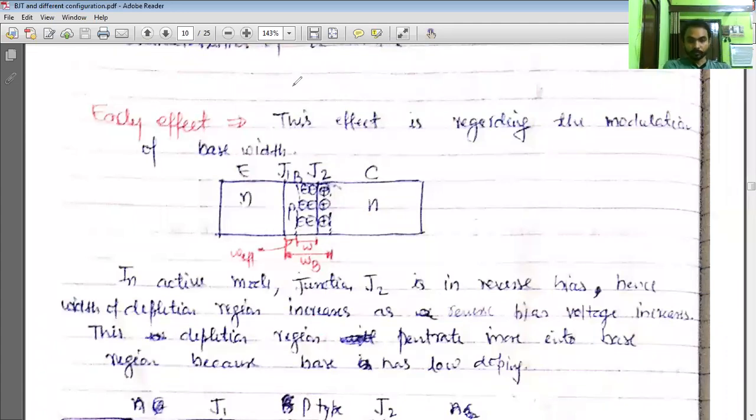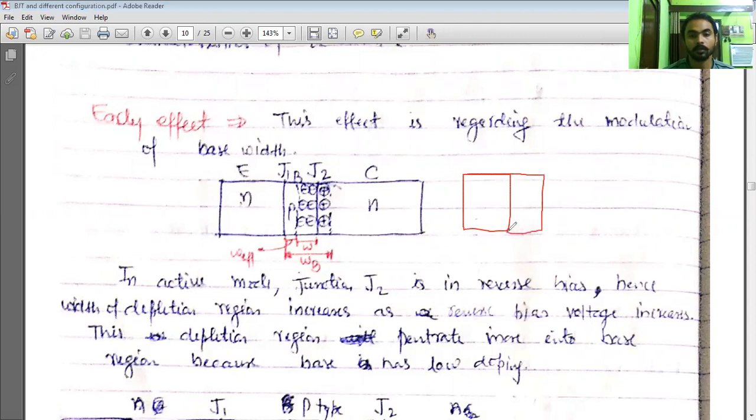So now, before biasing, I have this. I will draw this again for ease.